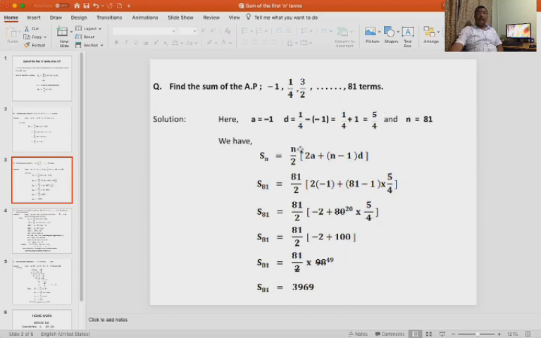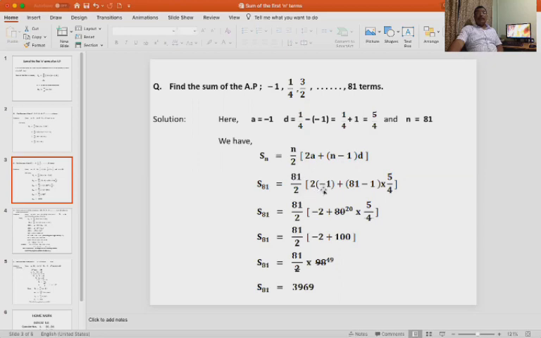Now we have Sn equal to n by 2 into twice a plus n minus 1 into d. Since n here is 81, in place of n we put 81, so S81 will be equal to 81 by 2 into 2a.